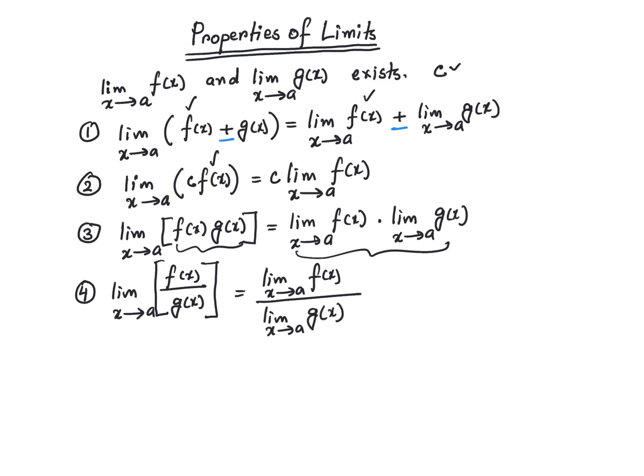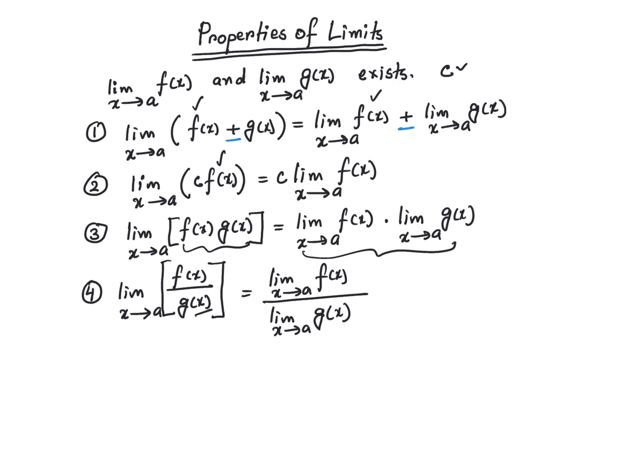So this is the quotient rule. However, a very important thing to keep in mind, the denominator g of x cannot be 0. We are making the assumption that limit x approaches a, g of x is not equal to 0.